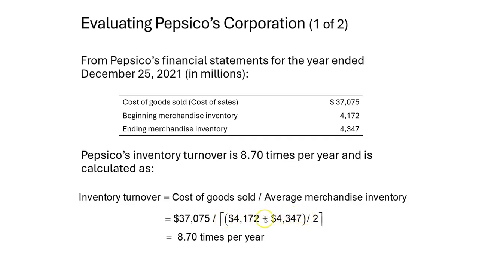Okay, that'll be the first thing that you do. Then you take the cost of goods sold and divide it by the average inventory. This means that the company averages 8.7 times per year that they sell their inventory. And remember, the more times they turn it over per year, the more money that they will make.